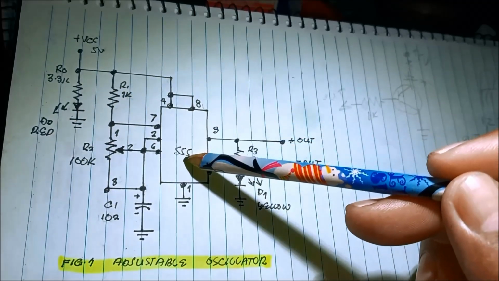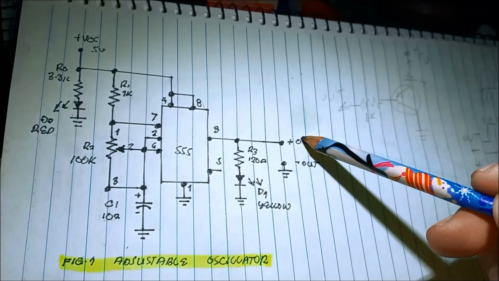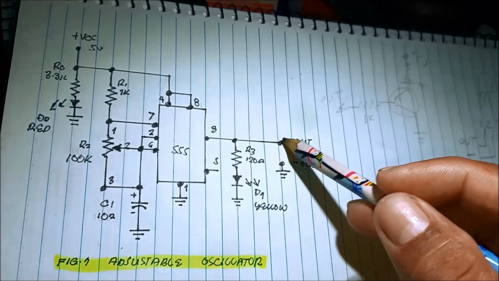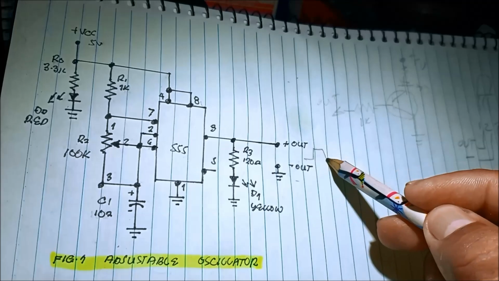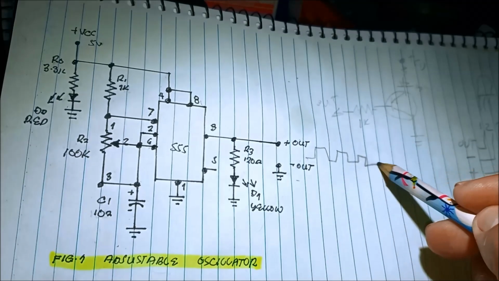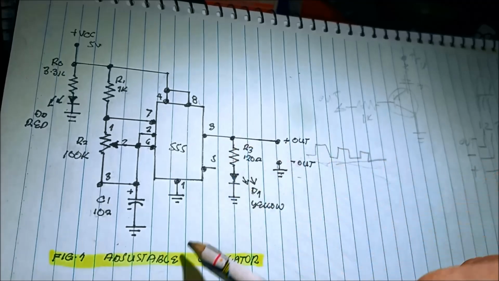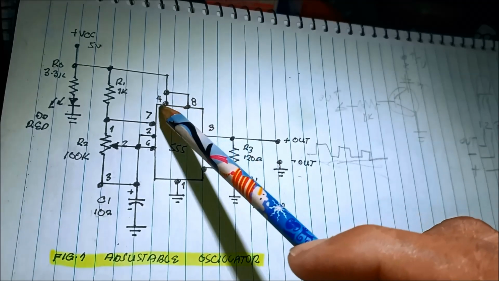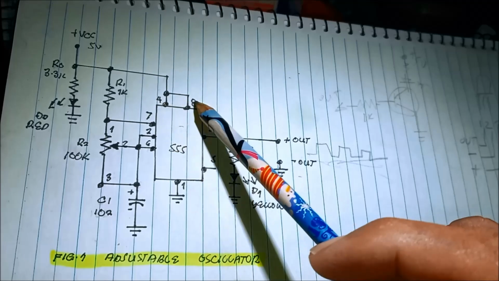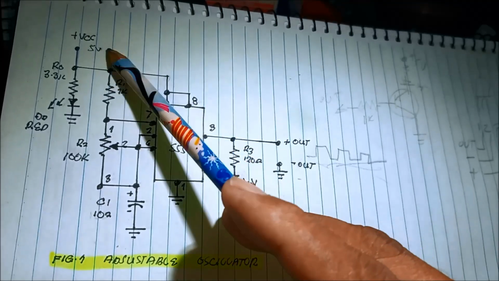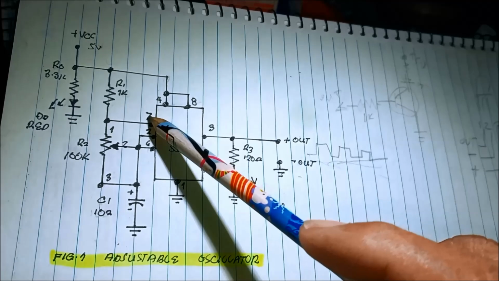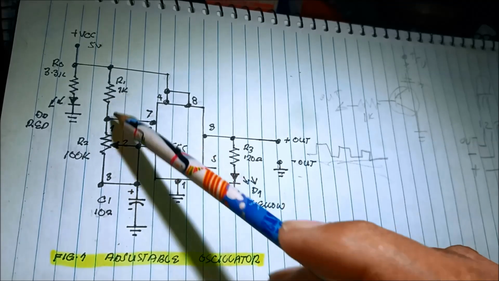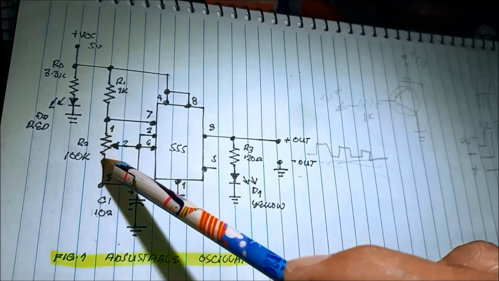The 555 timer has an output, pin number 3, in which we produce a square wave type of oscillation. Pin number 4 and 8, the reset and the power, are connected to the 5 volts. And then pin number 7, the discharge, is connected to this resistor. So this one is the potentiometer.